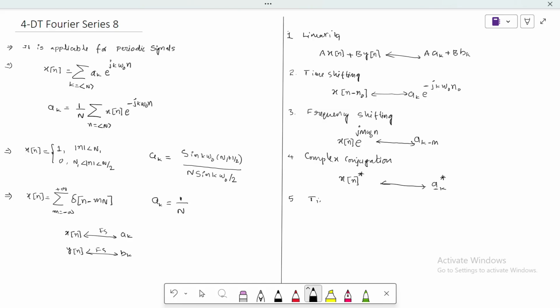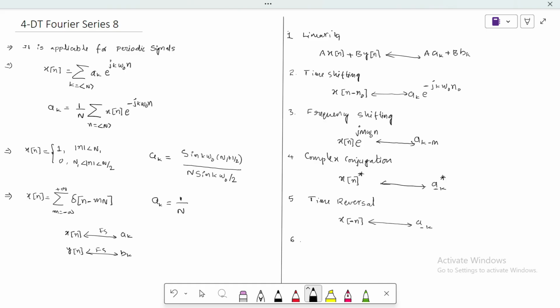Fifth one is time reversal. The time reversal, x of minus n, has coefficient equal to a minus k.